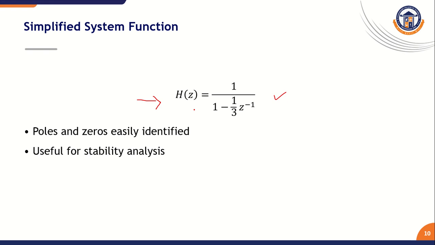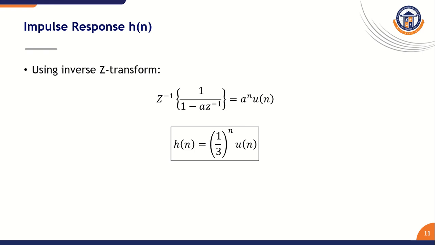Next, we can find the impulse response of the given system. From the system function we are going to find the impulse response by applying the inverse Z transform to capital H of z.